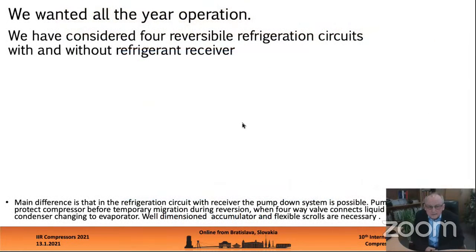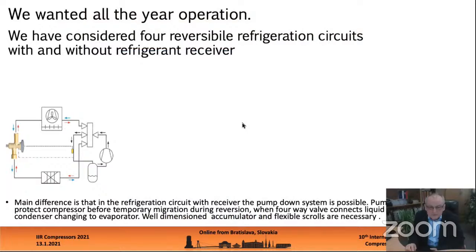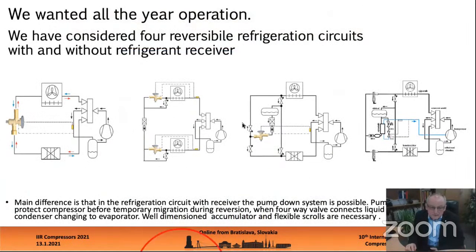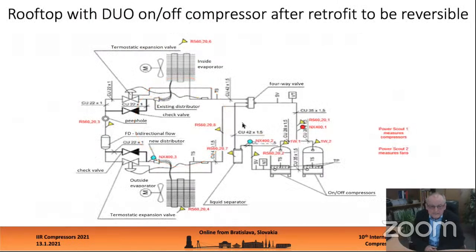We wanted all-year operation. We have considered 4 reversible refrigeration circuits with and without refrigerant receiver, and we had the possibility to measure on the cooling circuit with 2 bypassed thermostatic expansion valves. Here is the scheme of the rooftop with duo compressors after the retrofit to be reversible.